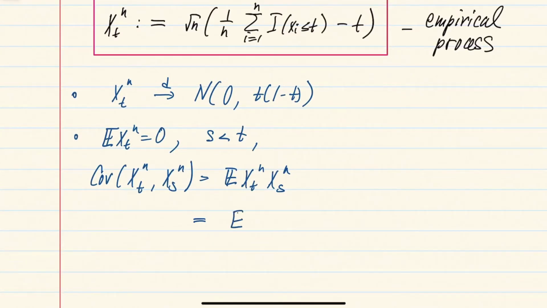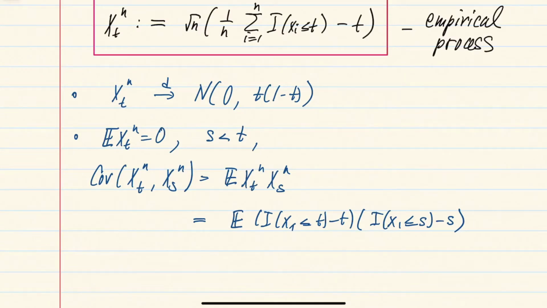If you look at one term, it will be the indicator that x_1 is less than or equal to t, minus t, times the same term for s, the indicator that x_1 is less than or equal to s, minus s. Now you will have the sum of all these terms over x_i instead of x_1, but the scaling will be 1 over n, and so those will just average to the same constant here.